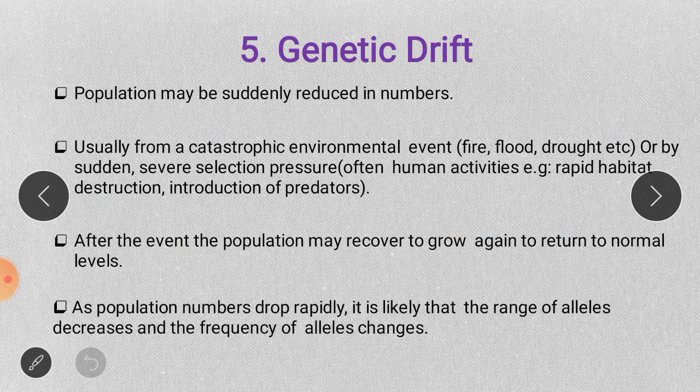Next, the population due to genetic drift is suddenly reduced in number. The number of individuals present in a population is going to be reduced after the event takes place. Generally fire, flood, drought, or certain human activities such as rapid habitat destruction and introduction of predators are going to reduce the number of that population.